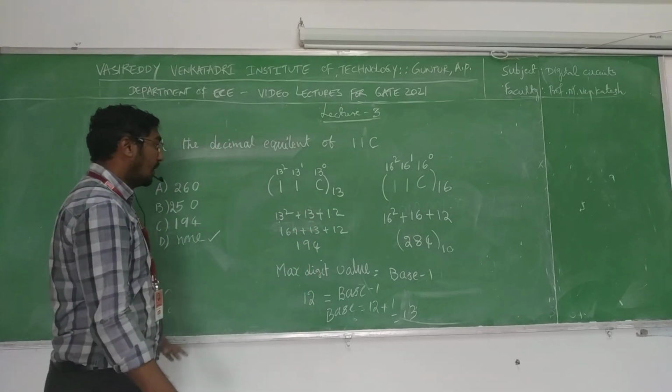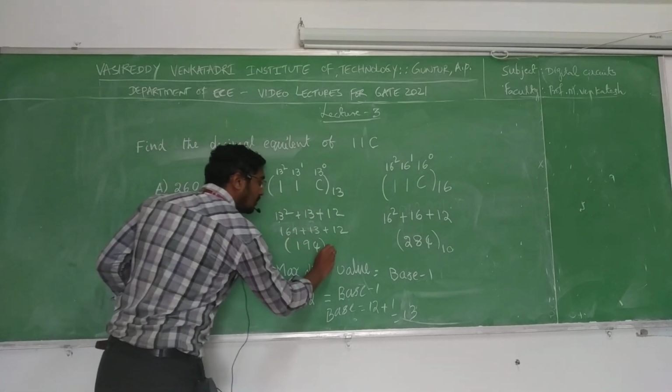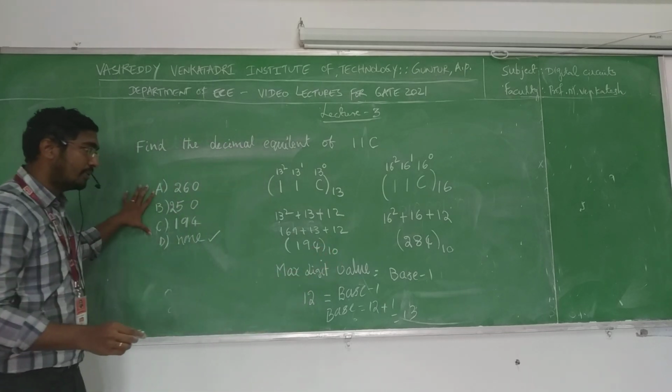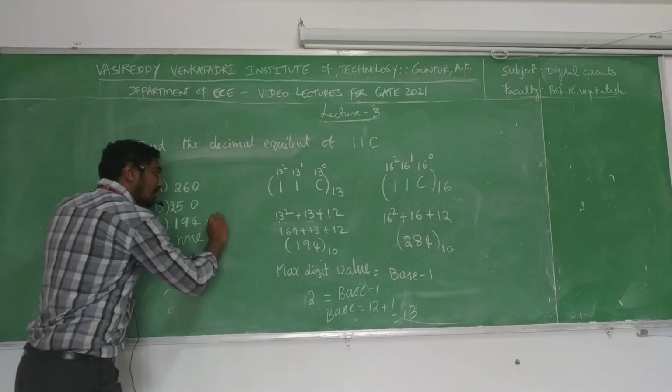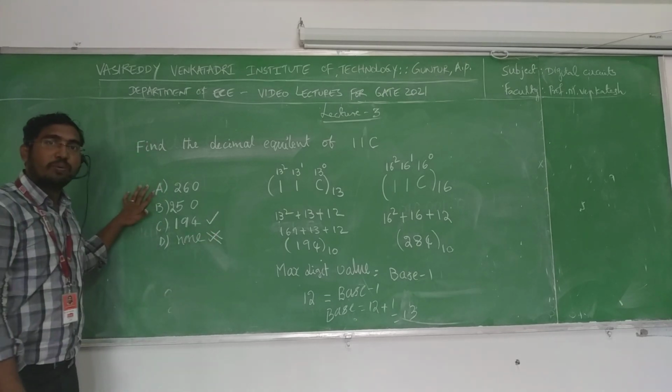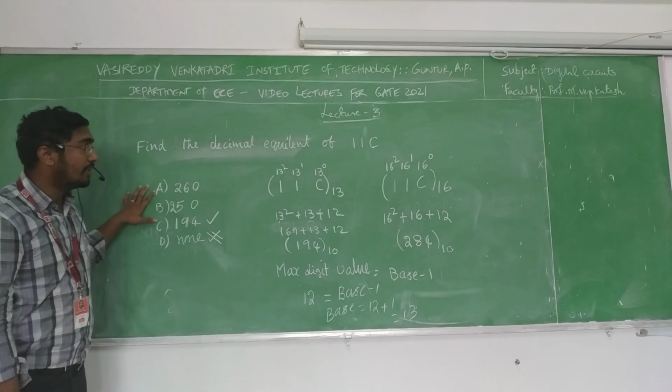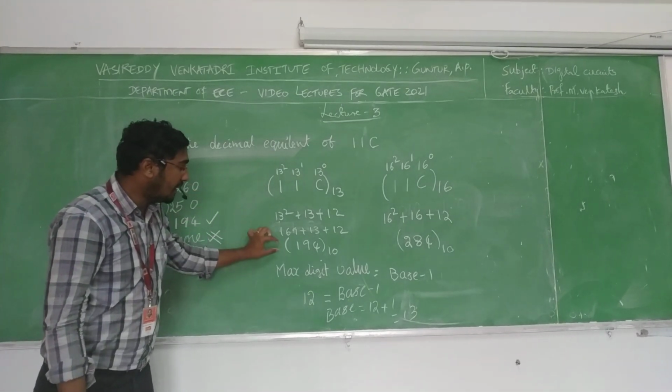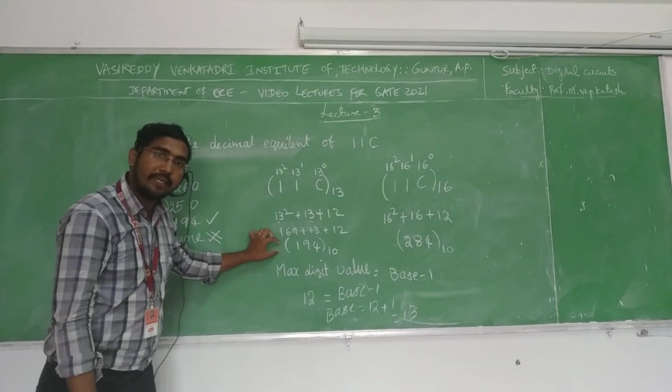Now you check the options. Yes, there is option C. They have given 194 as option C, so one has to consider option C because 11C is equivalent to 194.